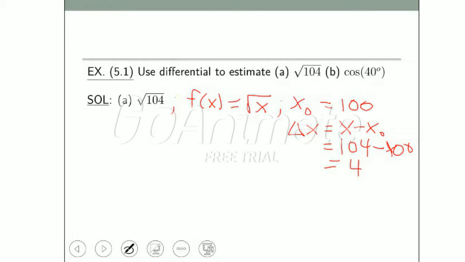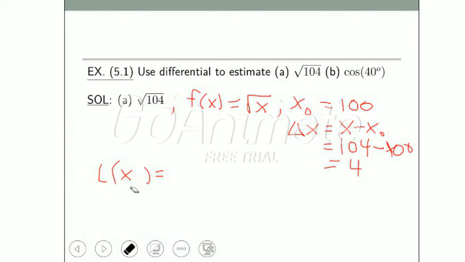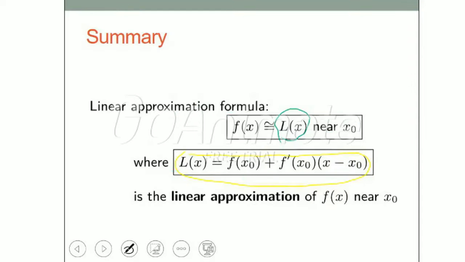So our linear approximation at x naught equal to 100 is given by f at x naught plus f prime of x naught times change in x, right, by our linear approximation.